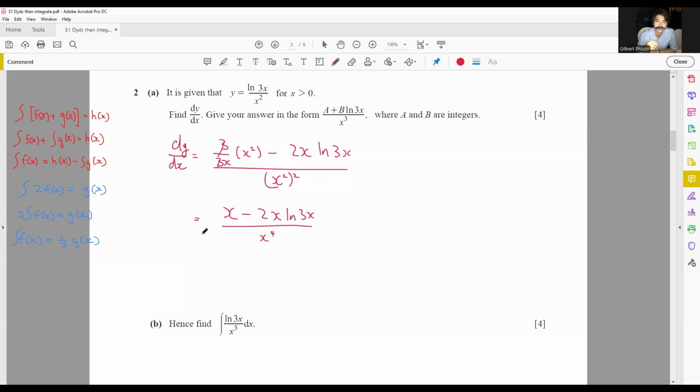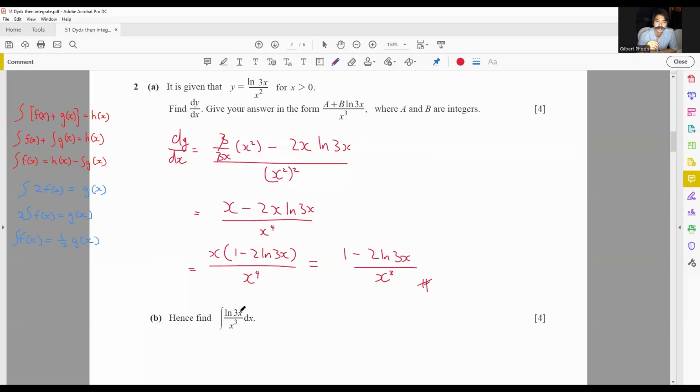So we're going to factorize this out. x(1 minus 2 ln 3x) over x to the power of 4, which actually just simplifies to (1 minus 2 ln 3x) over x cubed. Then we're done with this part of the question here, right?